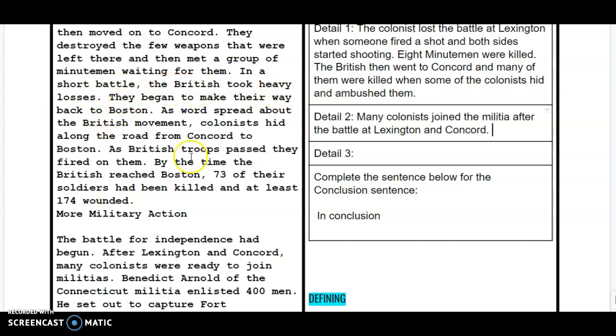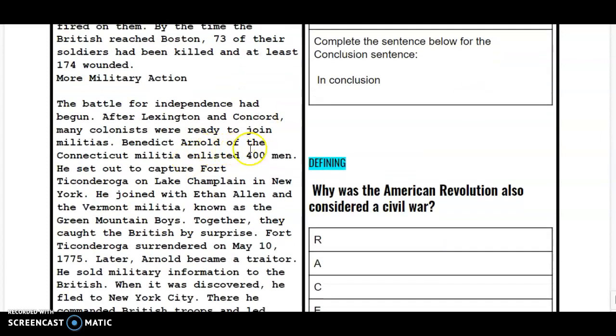Let's see. British took heavy losses. Let's go down. Benedict Arnold of the Connecticut militia enlisted 400 men. Ticonderoga on Lake Champlain in New York. He joined with Ethan Allen and the Vermont militia known as the Green Mountain Boys, and together they caught the British by surprise. So who caught the British by surprise?